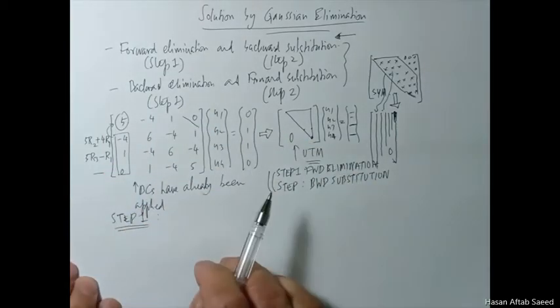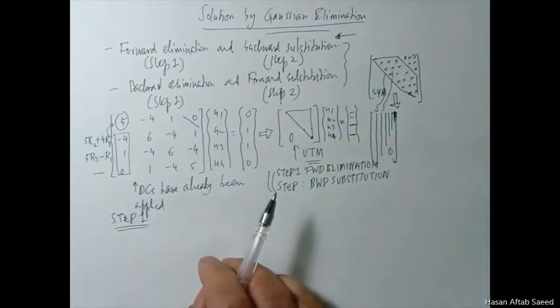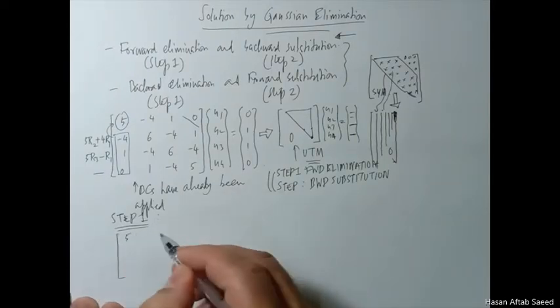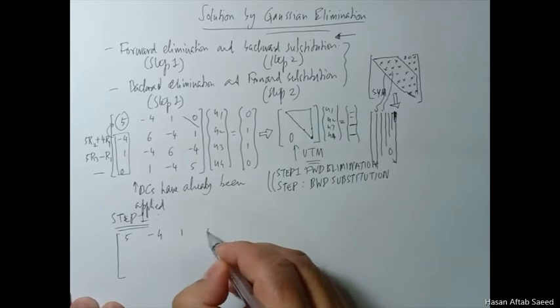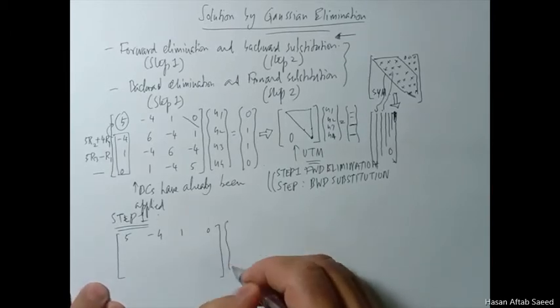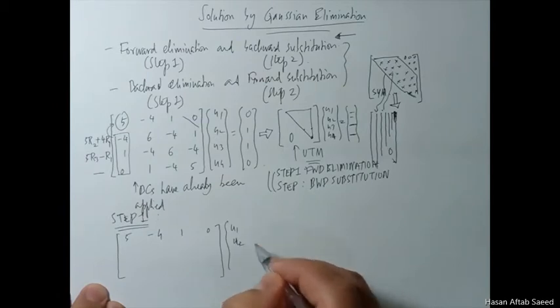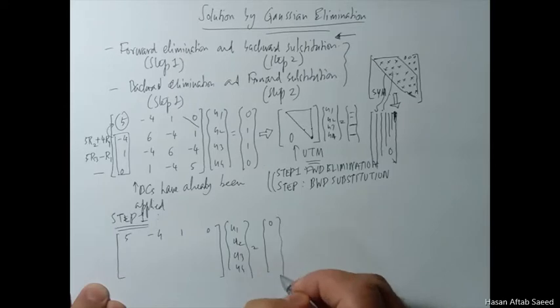So as a result of this first sub-step in step 1, our matrix becomes the following. The first row is unchanged because there is nothing there to be converted to 0, so you don't worry about the first row.